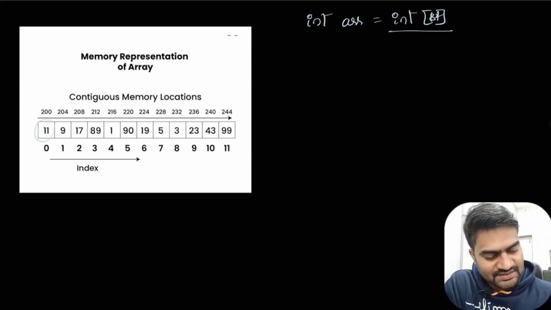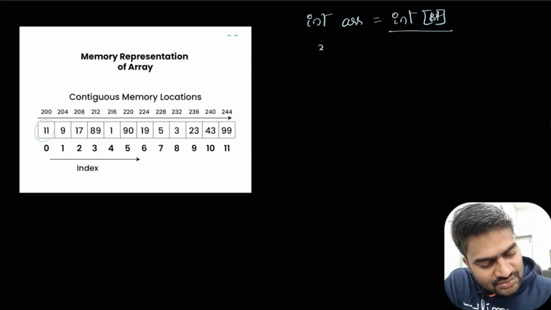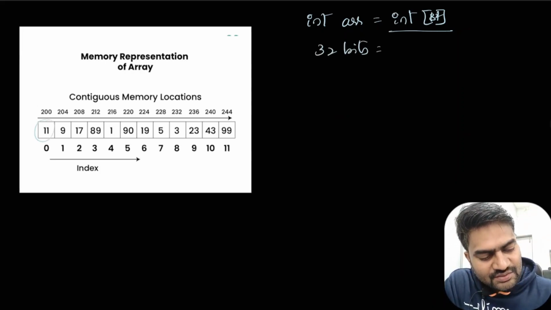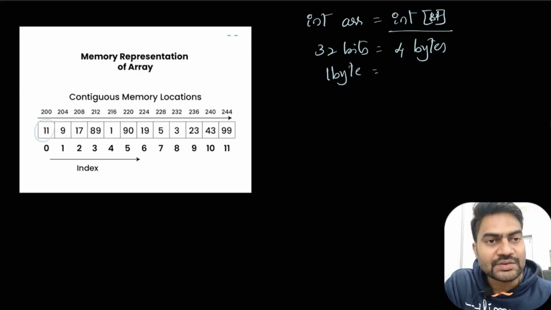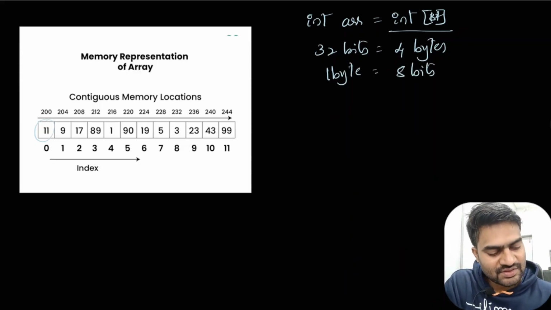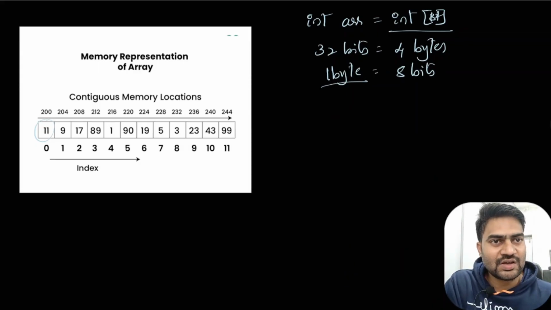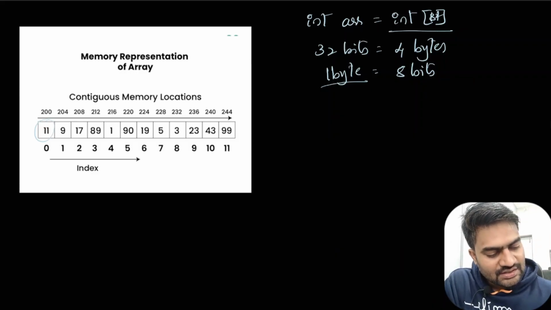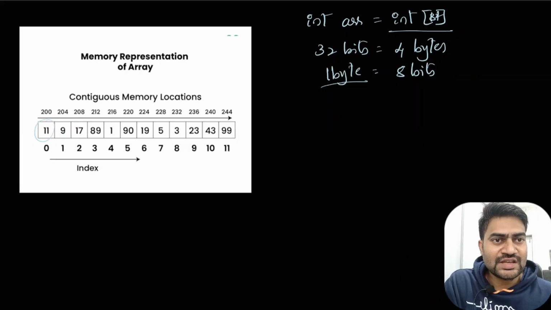So if that is the case, 32 bits is equivalent to 4 bytes, because 1 byte is equal to 8 bits, correct? So each 1 byte will be allocated with one memory address. Now we need 4 memory addresses to store a 32-bit integer number.